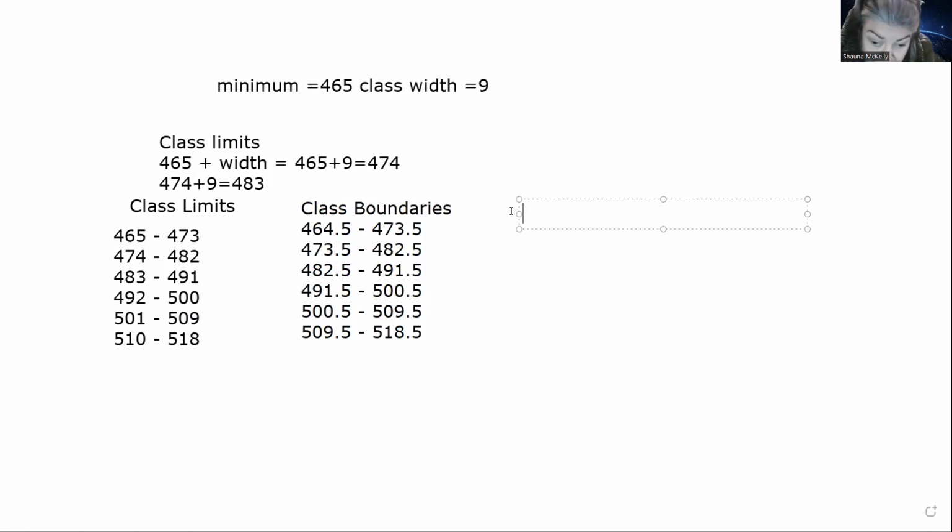Now you use the data that's in your calculator, your sorted data, to come up with the frequencies that fall in each one. So the frequency is actually coming from the counts on your calculator, okay? This is how many numbers from that list of data fall into each category, okay?